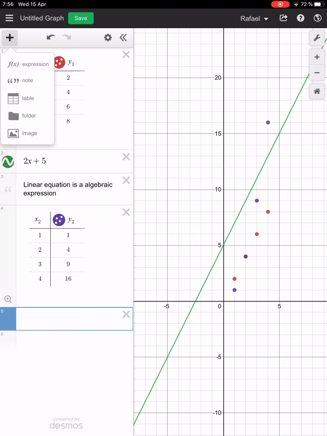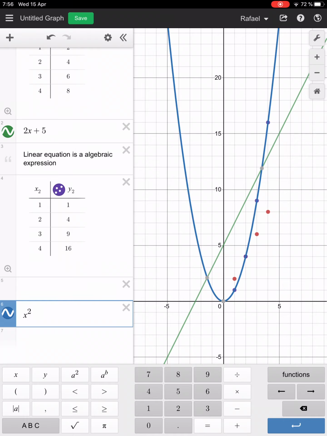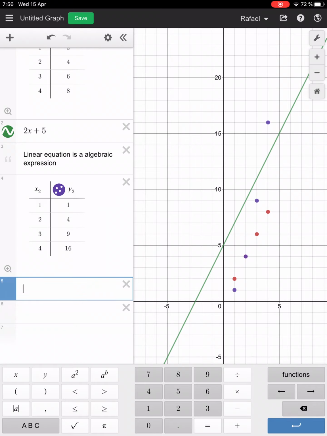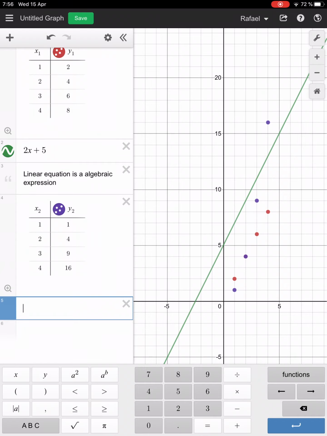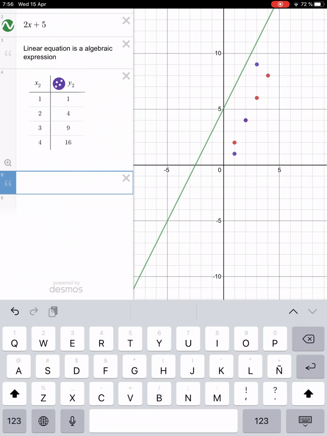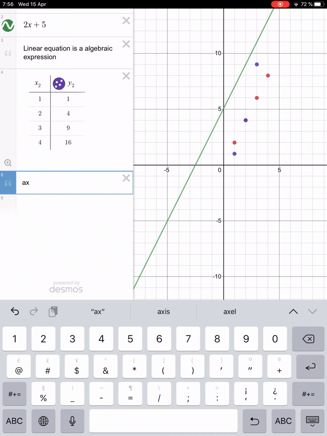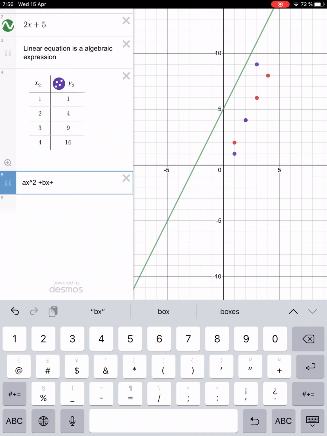For example, as we know, a quadratic equation, we're taking notes. I'm going to type notes. In the notes, we're going to write the structure of a quadratic equation, that is ax squared plus bx plus c.